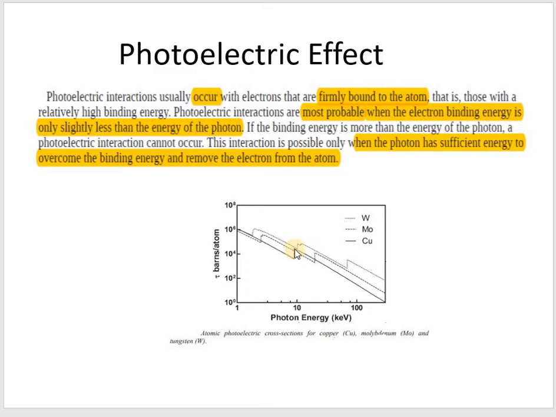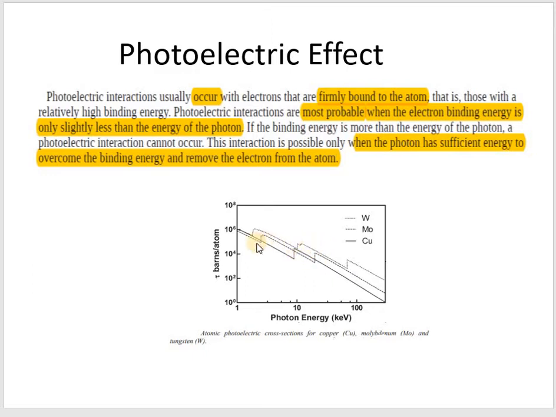We can tell that the cross section has risen sharply. The difference is only high for a certain peak, and this represents the K shell edge, or K edge absorption.